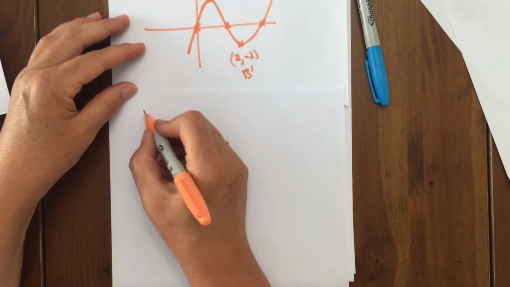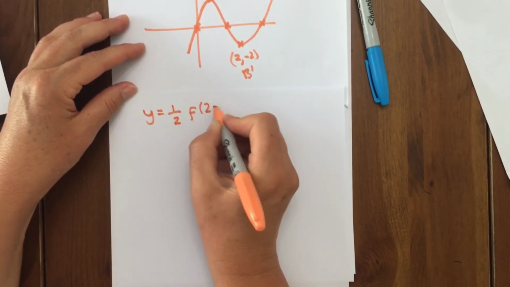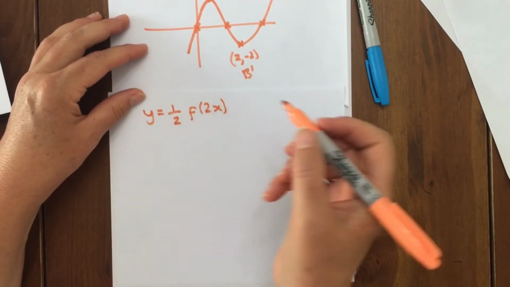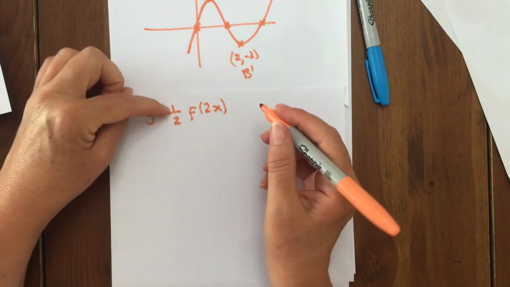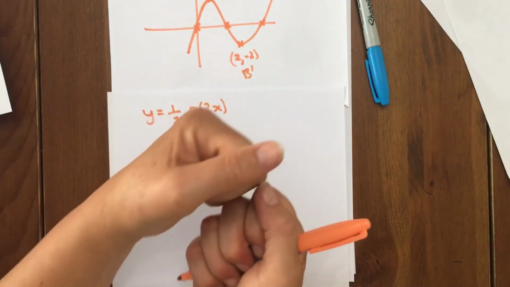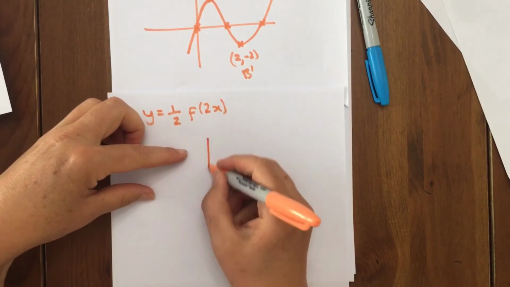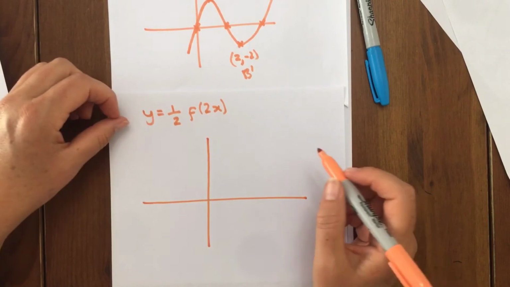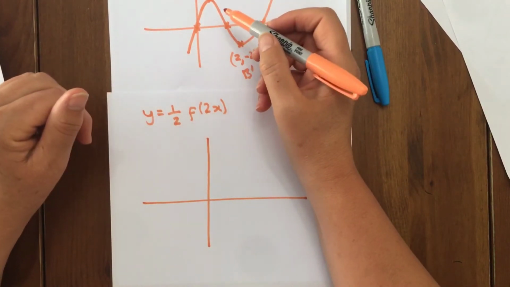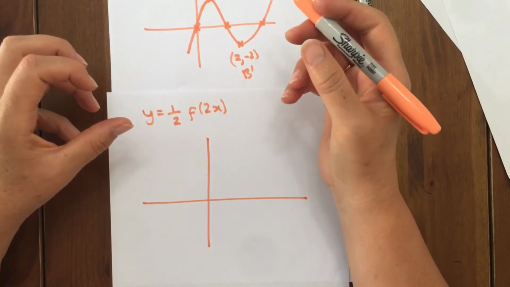So I'm asked to sketch y equals 1/2 of f of 2x. Right, well the 1/2, what does that do to my graph? That will stretch it by a scale factor of 1/2 vertically. So all of my x values will stay the same and my y values will be halved.